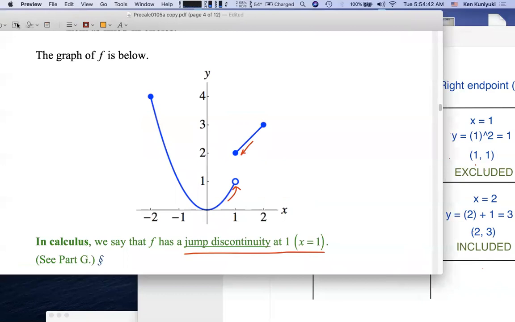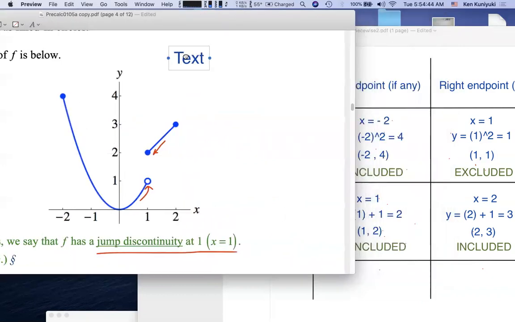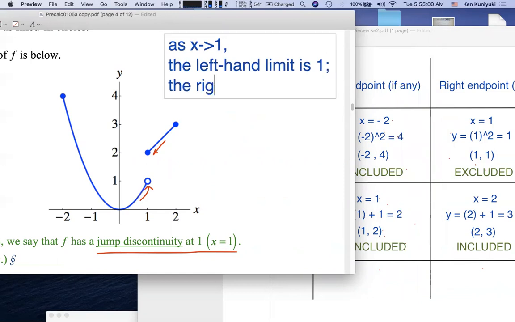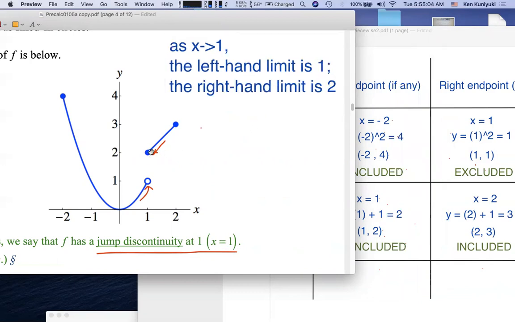So again, I talk more about limits later on in the notes, but as x approaches 1, the left-hand limit, as you come in from the left, is 1. The y-coordinates approach 1 from the left. The right-hand limit is 2, because the y-coordinates or function values approach 2 from the right.